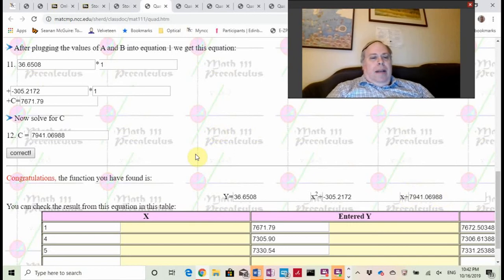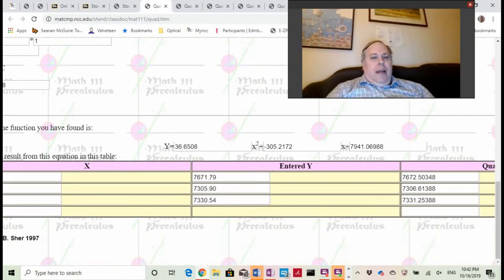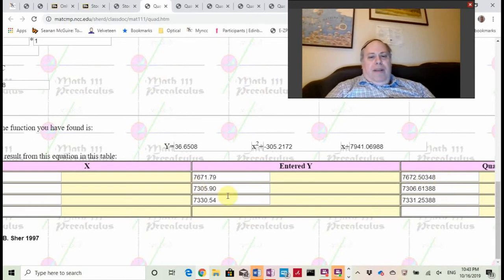Now let's check that this does the right thing. As you see, it is not perfect. There's some round off going on. This became 7671.79, this is 7672.5, but it's within $1. 7305.9 is 7306.61, once again within $1. 7330.54 is 7331.25.